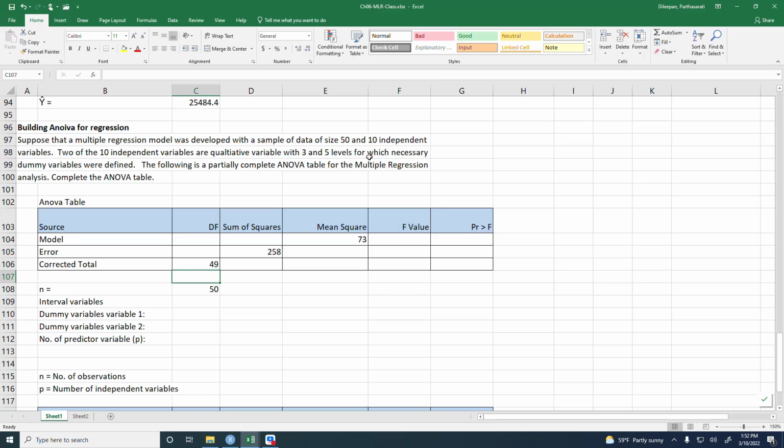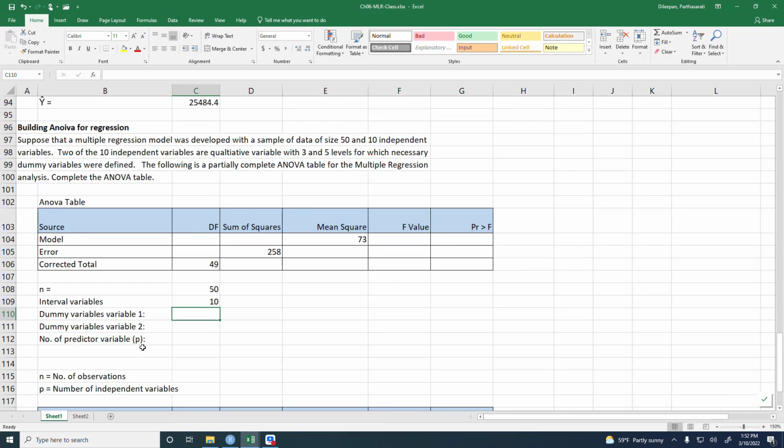Okay. The next is that there are 10 independent variables. Okay. But if that was so, then that would be your model degrees of freedom. But then it says 2 of the 10 independent variables are qualitative variables with 3 and 5 levels, for which dummy variables were defined.